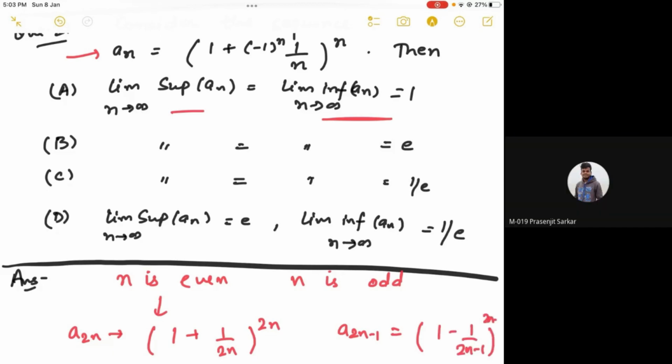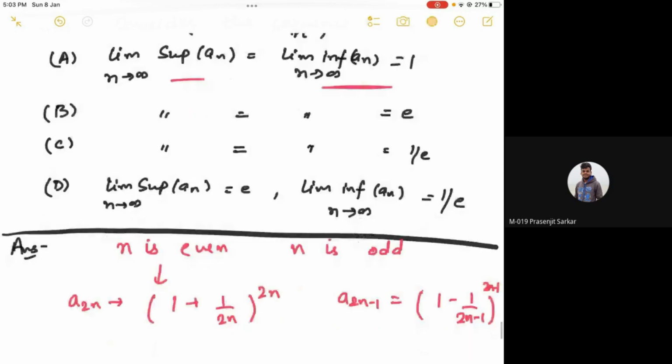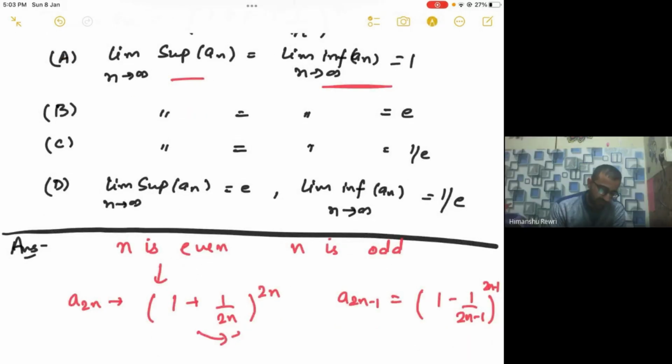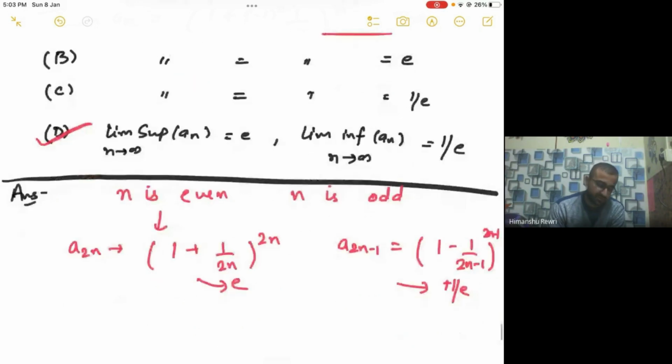Option D is correct. So it will go to e, and it will go to 1 by e. So option D is correct. Is this clear why option D is correct?